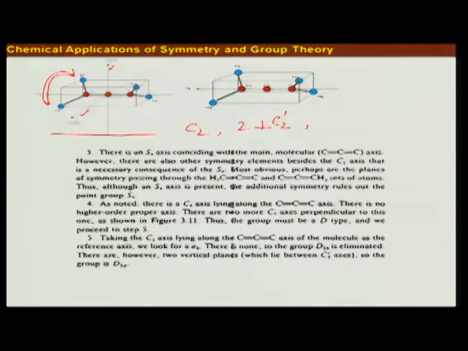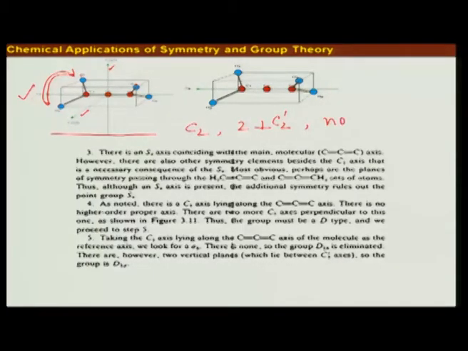In this particular case, I take any of the C2 as the principal axis. You will find there is no perpendicular sigma plane. Now I take this C2 as my principal axis of rotational symmetry, and I do not find any sigma h.